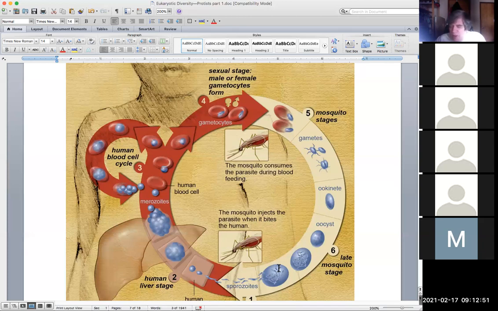The organisms that are in this group are not capable of independent movement. They don't have cilia or flagella. They don't put out pseudopodia. So the only way they can move is if the host's blood carries them or some other type of body fluid. They don't all live in blood, but most of them do.